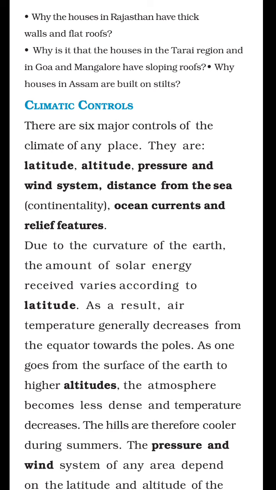Last but not least are relief and ocean currents. We all know that our earth is rotating and also revolving. Because of this motion of the earth, the ocean has its own current system. In this system, the currents flowing from the equator carry hot water, a warm current system.